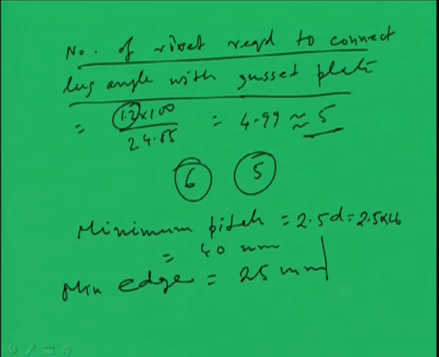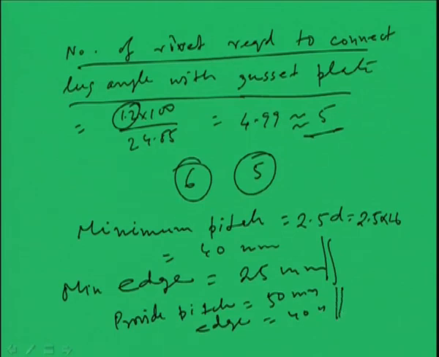So, from this we can provide this minimum, or as we have sufficient length, let us provide pitch as say 50 mm and edge distance as say 40 mm. Okay. With this we can distribute the rivets properly.